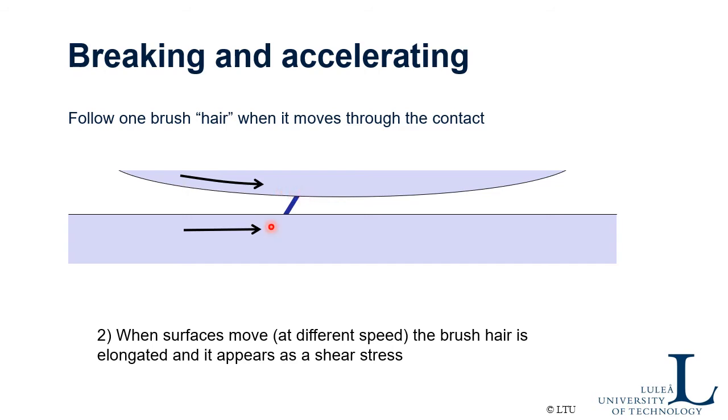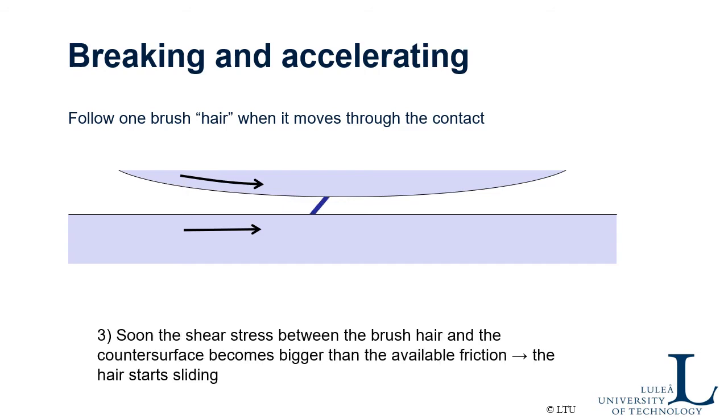Then a short moment of time later, the upper surface has been moving a little bit longer than the lower surface, but the hair is still sticking to the surface, but it has now been a little bit sheared, or some stresses have occurred in the contact and also in the hair itself, of course.